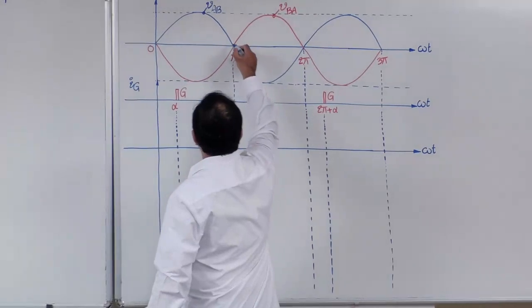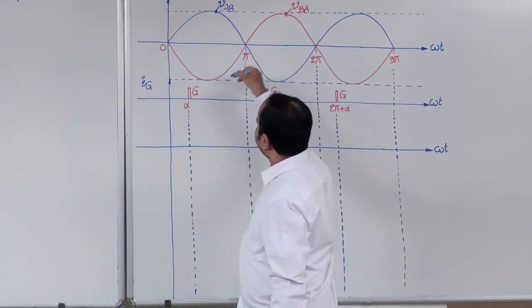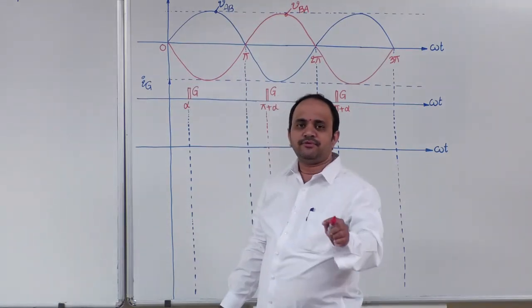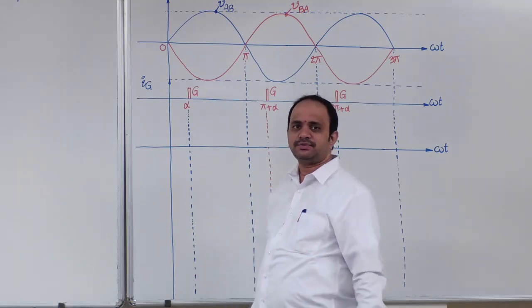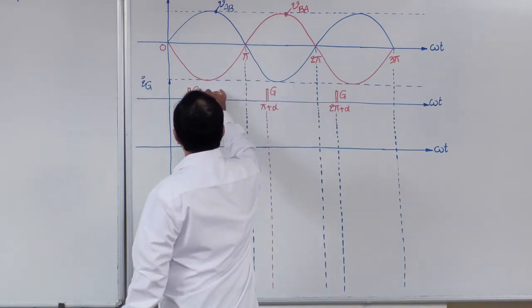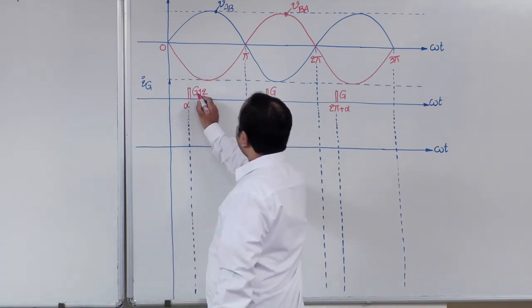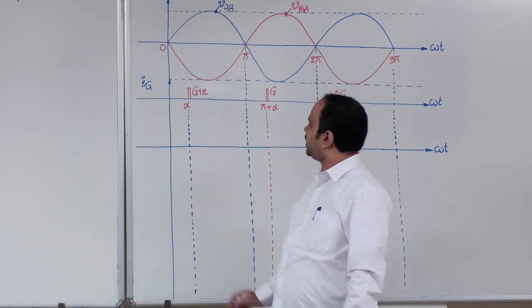VAB is positive and VBA is negative from 0 to pi. Therefore, the external gate drive circuit should supply gate current pulses for the T1 and T2 device pair, not a single device, but a pair of devices.